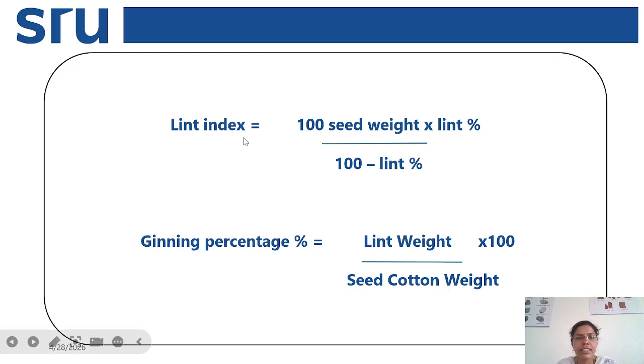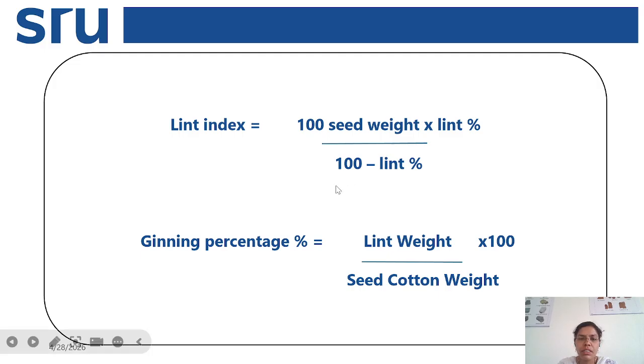So the lint index is calculated as 100 seed weight divided by 100 minus lint percent, multiplied by lint percent. And next is ginning percent. Within the boll we have four locules. In the locule we have the cotton seed, and surrounding the cotton seed we have the lint.